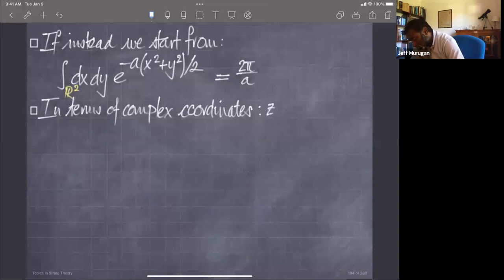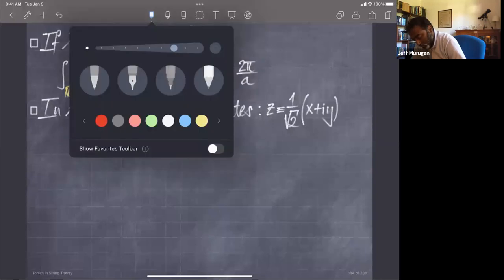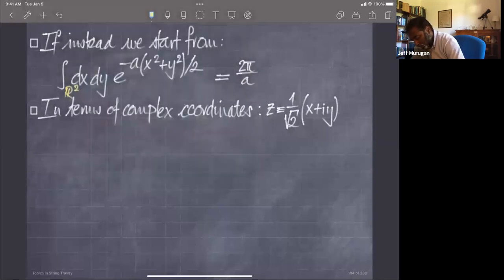So z is defined as 1 over root 2 of x plus i y, and z bar will be the same with a minus sign here.